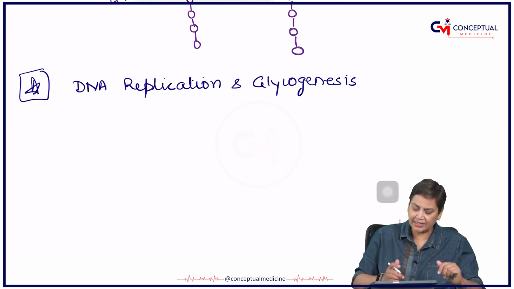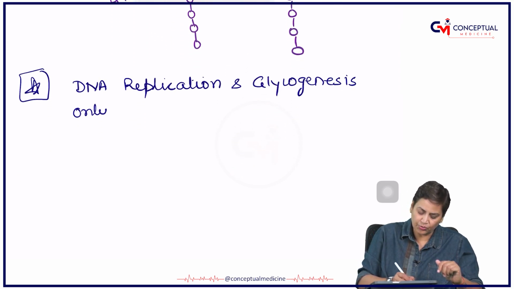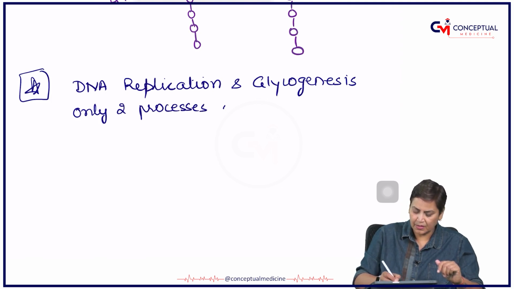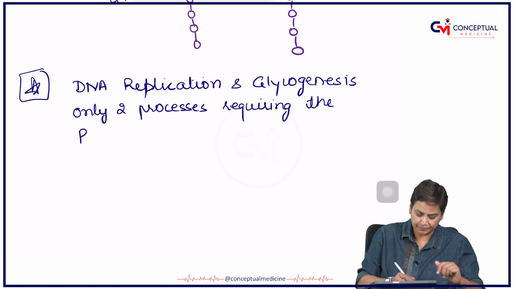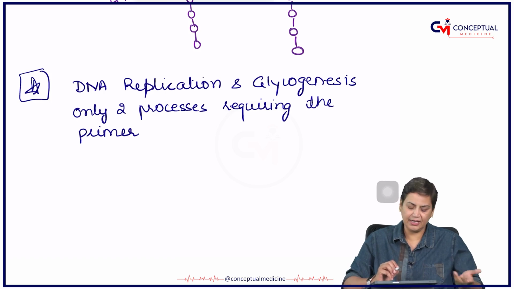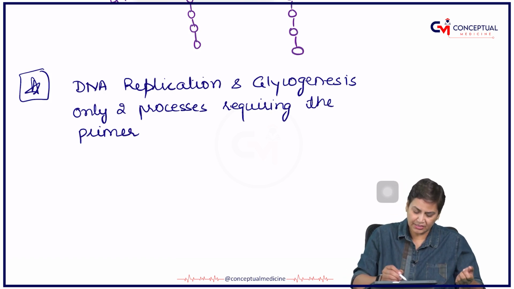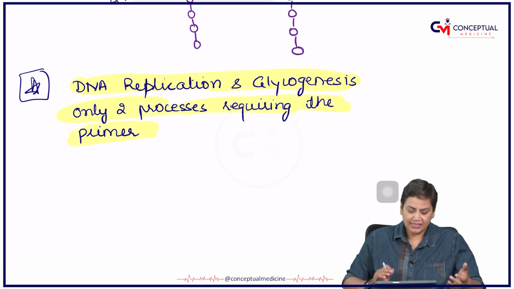DNA replication and glycogenesis, only two processes requiring the primer. Here it is glycogenin, and in DNA again the RNA primer is there, which is synthesized as a complex known as primosome. Later on it is removed. Okay. So this is a very important point. DNA replication and glycogenesis.